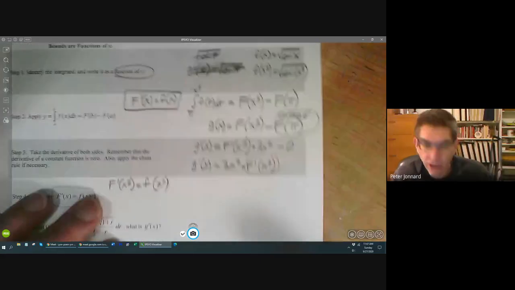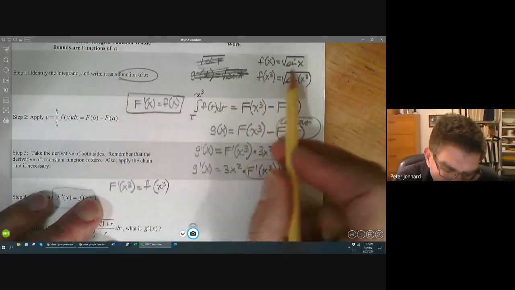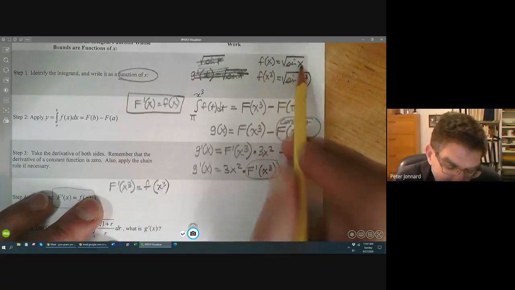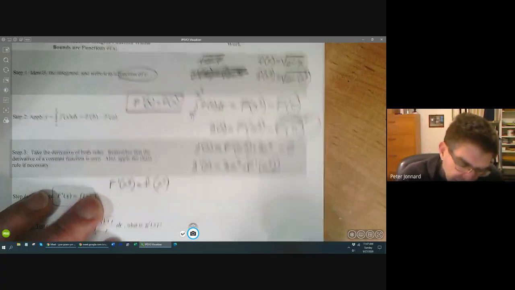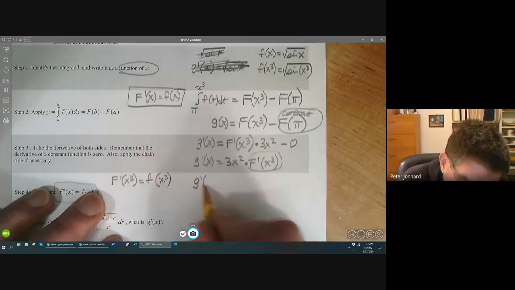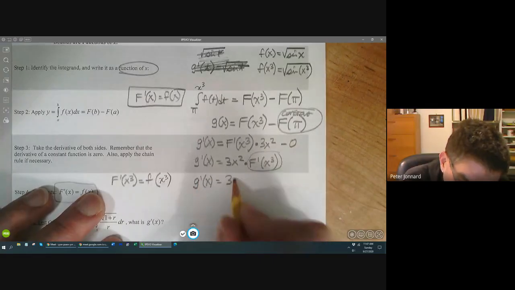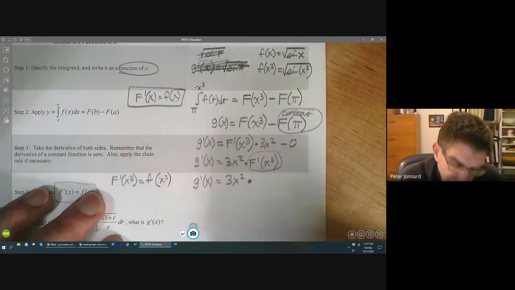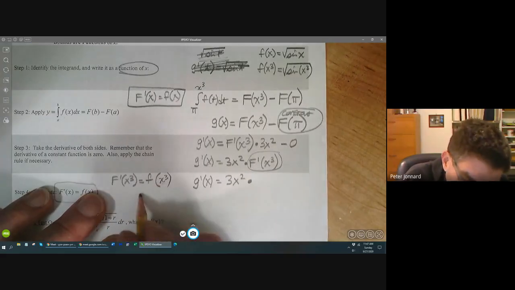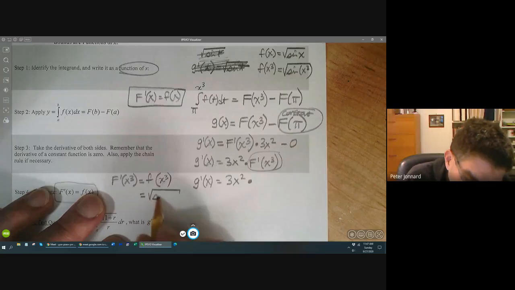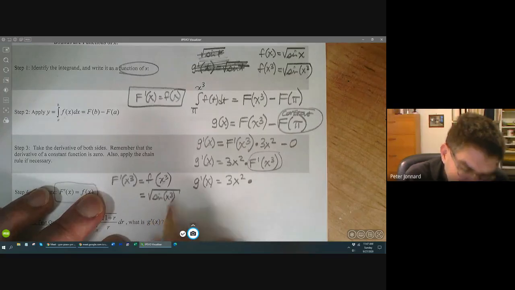I want to be careful where I put that cubed. That would mean if f of x is the sine of x, then f of x cubed would be the sine of x cubed. And so we end up with g prime of x is equal to 3x squared times f of x cubed, which is equal to the square root of the sine of x cubed, like so.